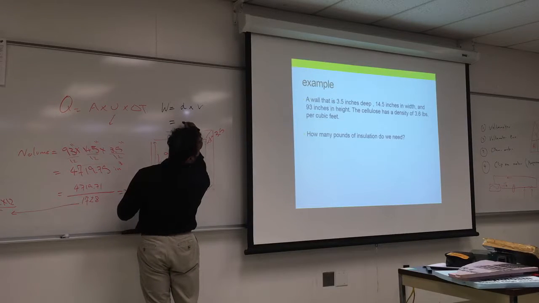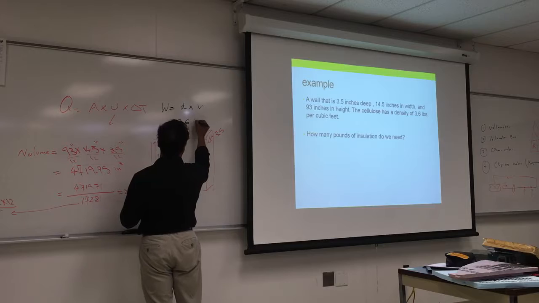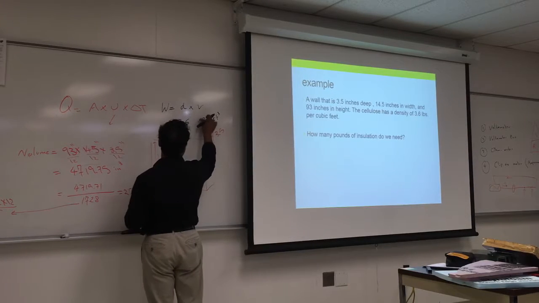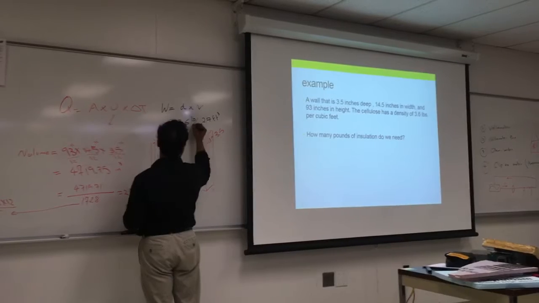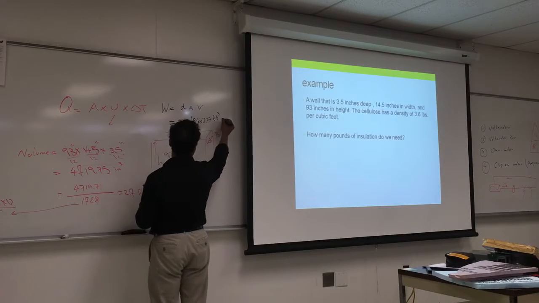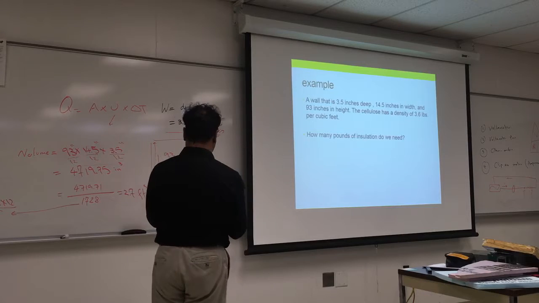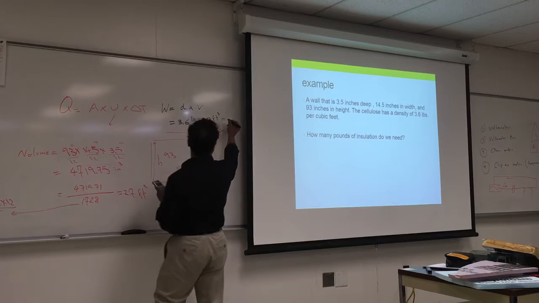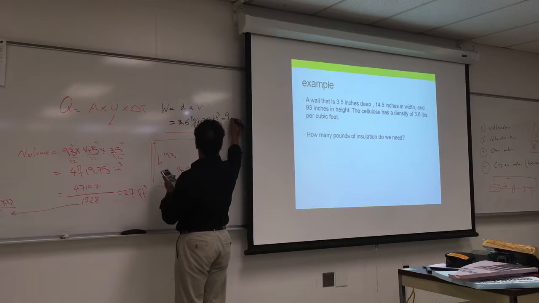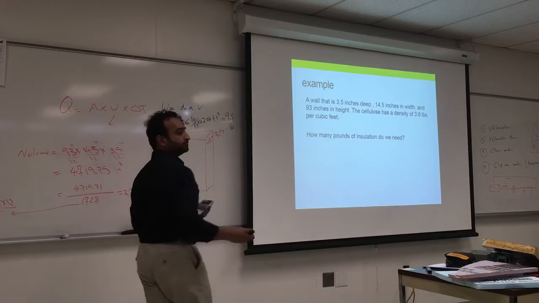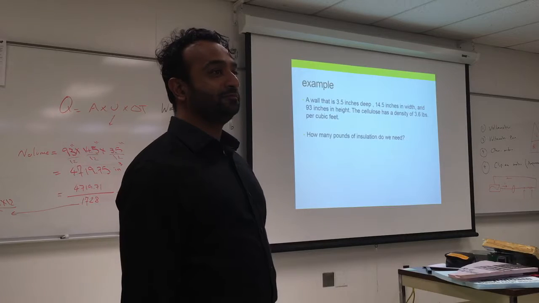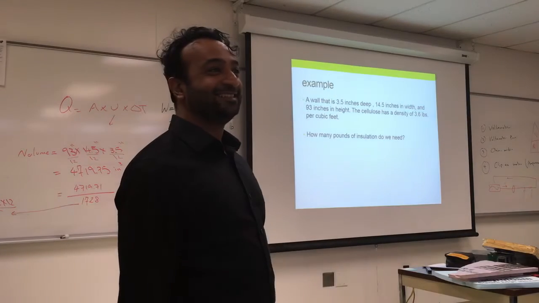Density times volume, which is 2.7, times 3.6. Multiply. So I get around 9 pounds, 9.72. Okay? Anybody confused? We'll talk after class.